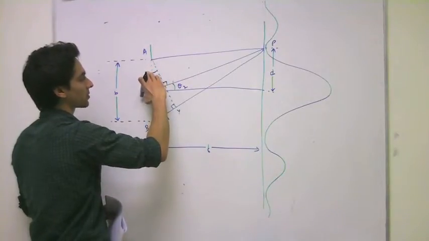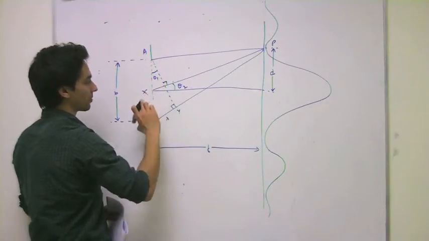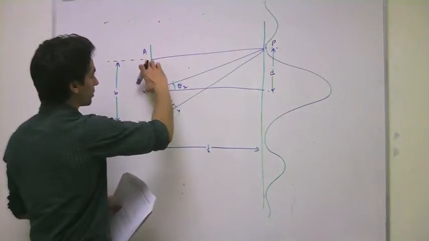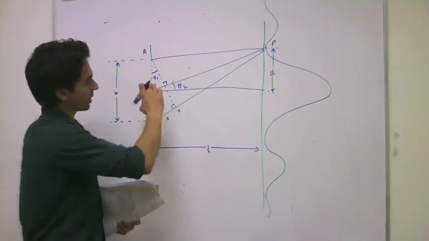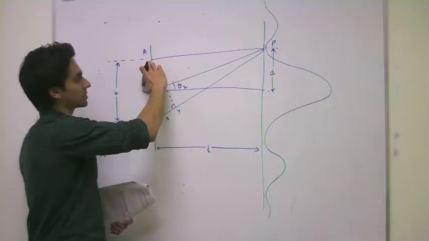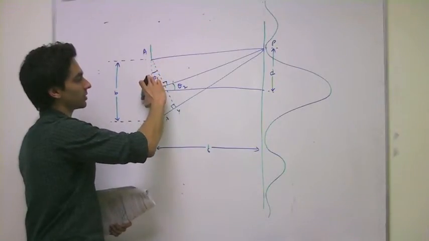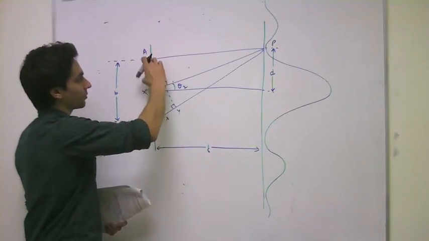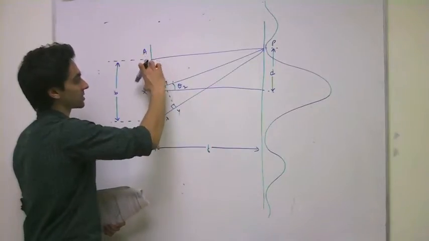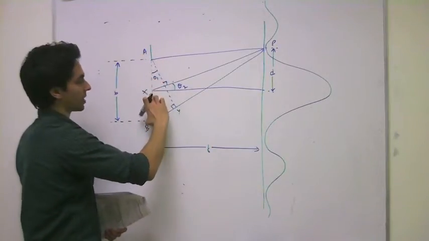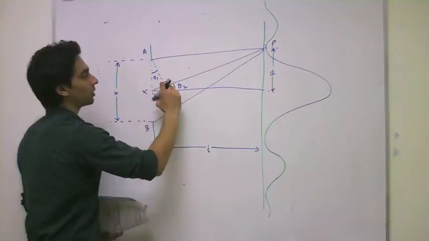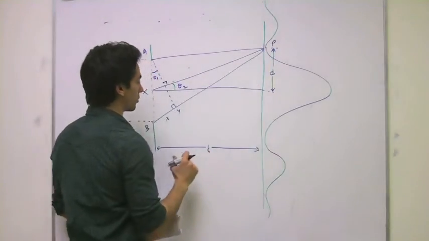We have path differences of lambda by 2, lambda by 2, and lambda by 2. So each point, which is half a lambda apart phase difference wise, will destructively interfere with the other point, and therefore half of the slit over here destructively interferes with the other half, and therefore we have a minimum over here.